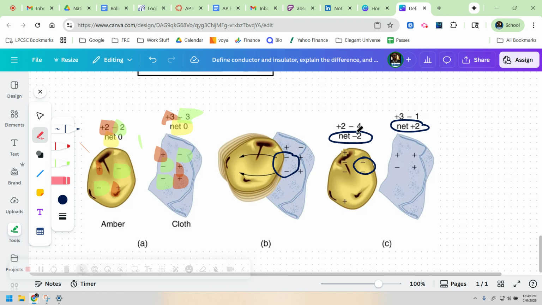Okay? And so this is what happens when you take a glass rod and you rub it against a fur cloth, or if you take a rubber balloon and you rub it against your hair. Just the nature of the materials, sometimes some materials are a little more accepting of electrons. Electrons are a little easier to move because they have higher kinetic energy. Also, they're in the outer layer, right?